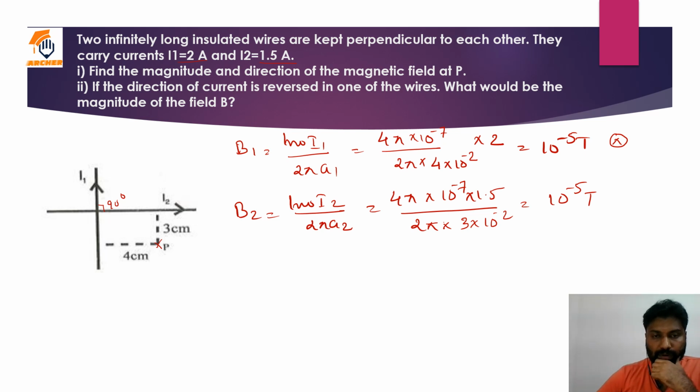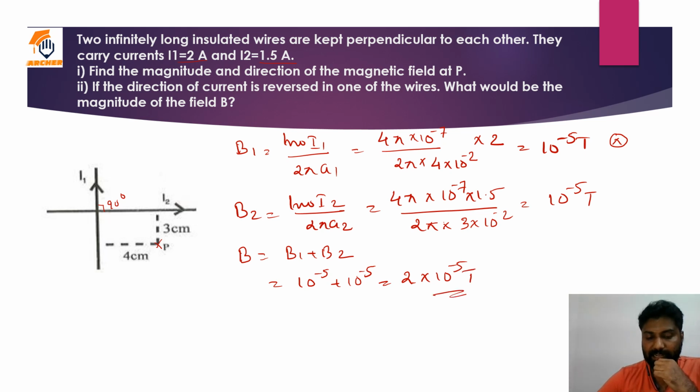Okay, so what is B? Total magnetic field will be B1 plus B2. So this will be 10 raised to minus 5 plus 10 raised to minus 5, which is equal to 2 into 10 raised to minus 5 Tesla, and the direction is into the plane of the paper.